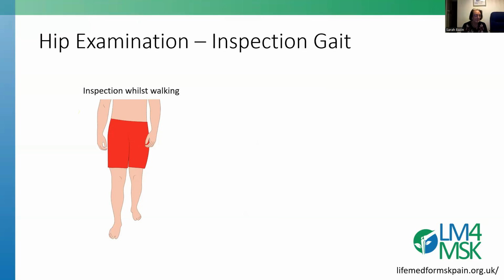The antalgic gait is where the stance phase on that leg is decreased, meaning normally both the right and the left leg spend the same time on the floor. But if you reduce the time on the right leg on the floor, then it is called an antalgic gait. So on the right leg, you're not keeping the leg for a long time like the left leg. You're quickly stepping over onto the left leg. That is an antalgic gait.